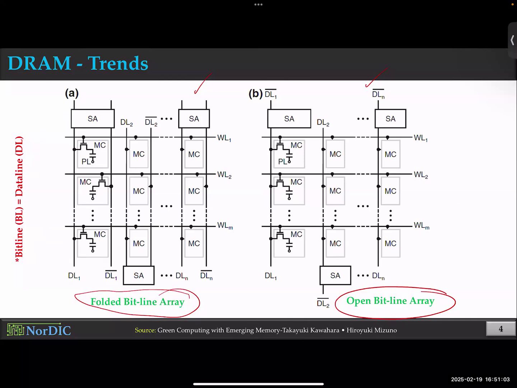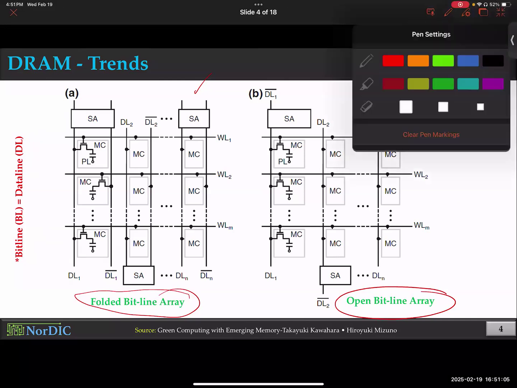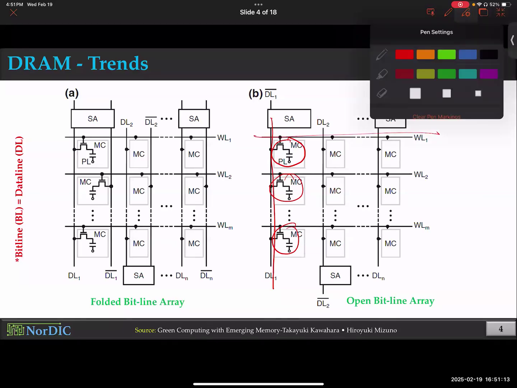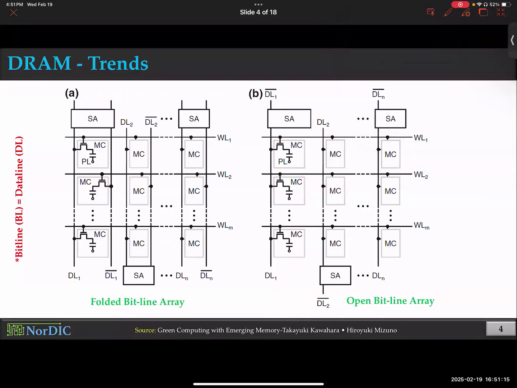In the open bitline array, which is closer to our conventional understanding, we have DRAM cells organized in columns and rows, as we can easily understand. Every column is fed to one sense amplifier, and this sense amplifier will need a reference separately to sense during read operation.